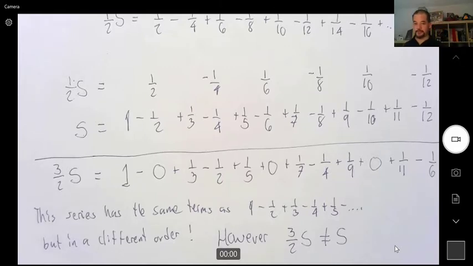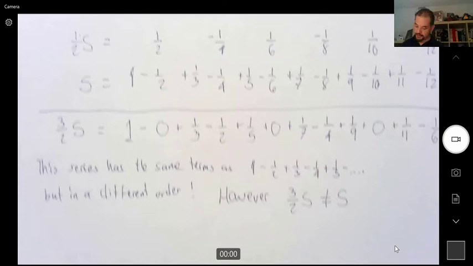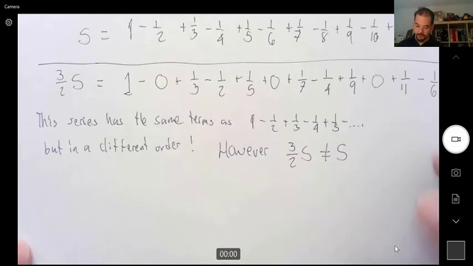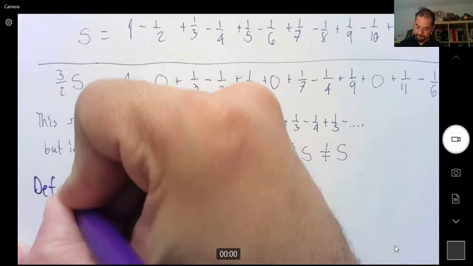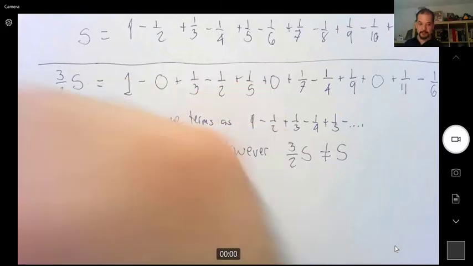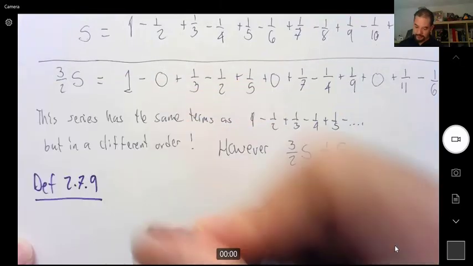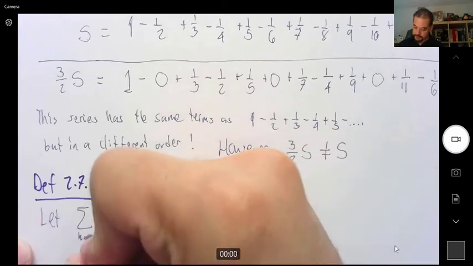Okay, so let's first define what we mean by a rearrangement. Here's definition 2.7.9. It says the following: let the sum of a_k from 1 to infinity be a series.